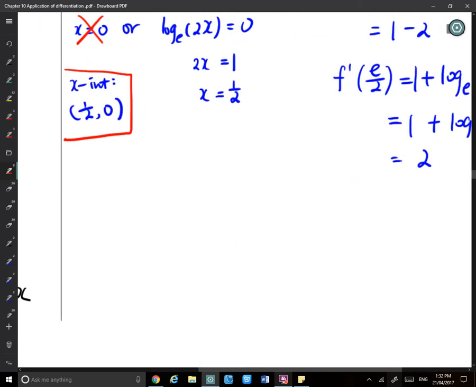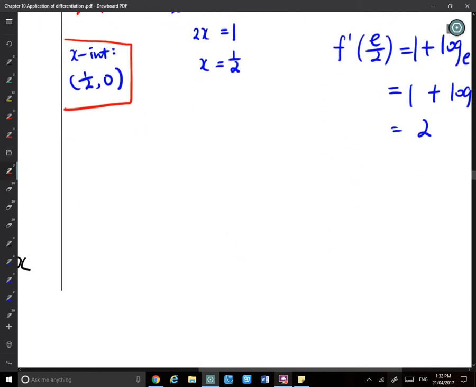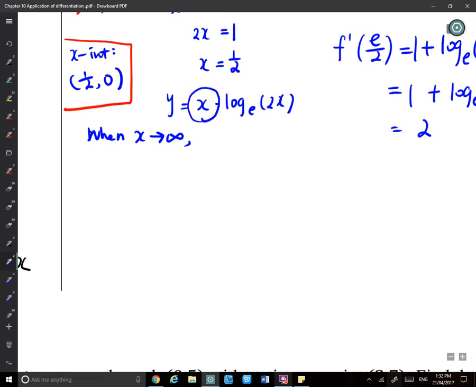Okay, let's think about the behavior when x approaches infinity. Think about this function. This function is x times log e of 2x, two functions multiplied together. When x approaches infinity, that value must approach infinity, right?